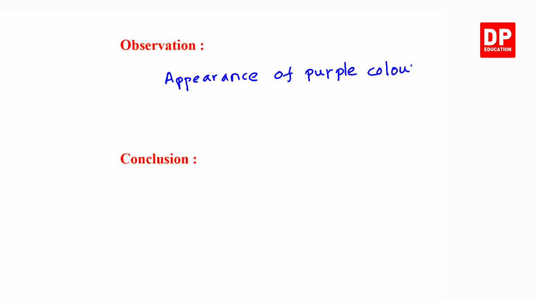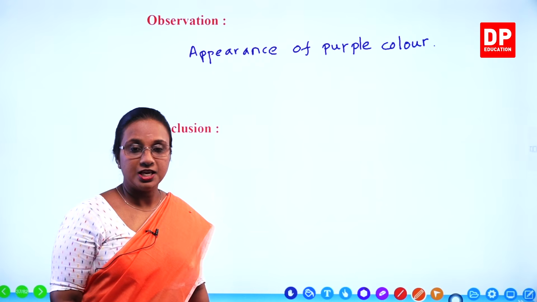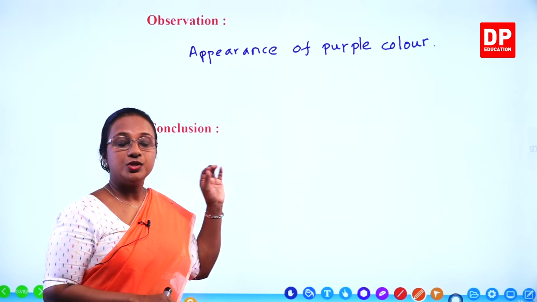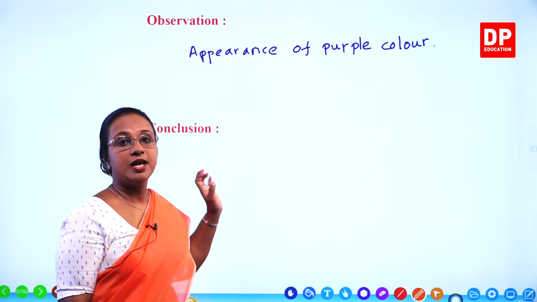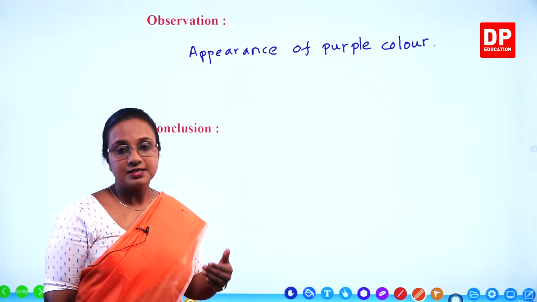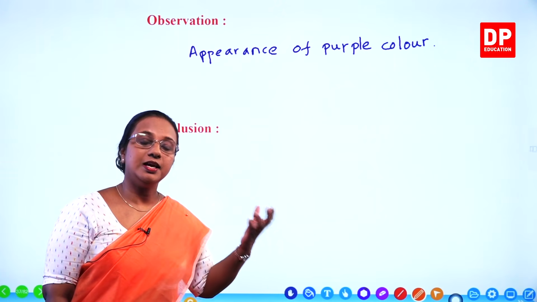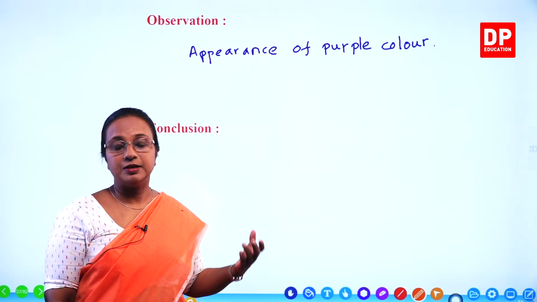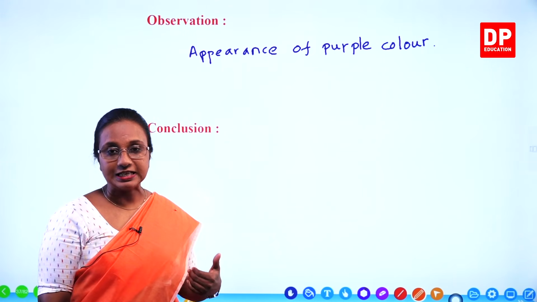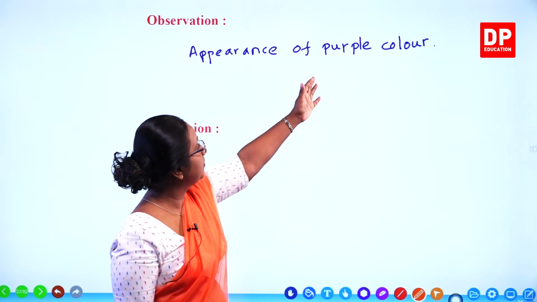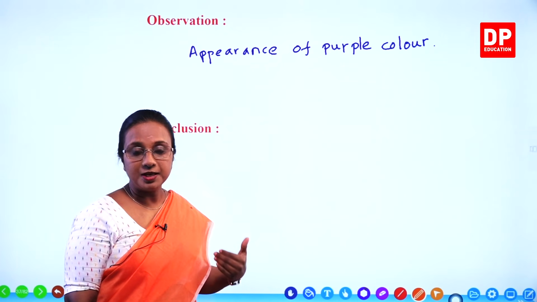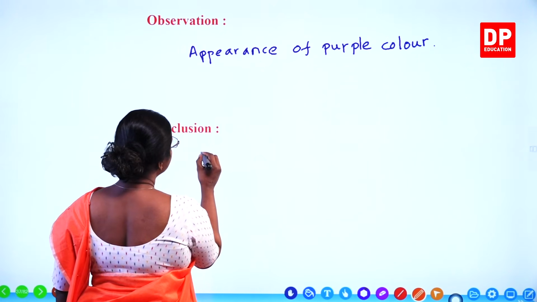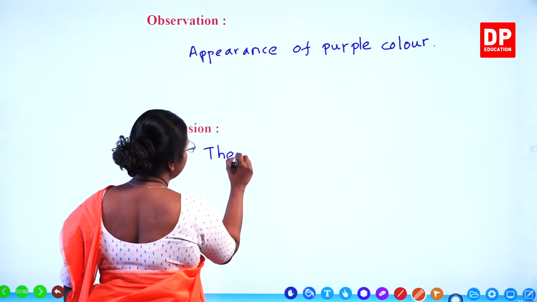This will be the observation of the activity. As you add the copper sulfate, the purple color will appear. So this you can use to conclude that there was protein in the sample. That means there is protein in the lentil that you took, that is dal, or any other food item that you test will contain protein if you obtain the color purple. The appearance of purple color confirms the presence of protein. So the conclusion will be there is protein in the sample.